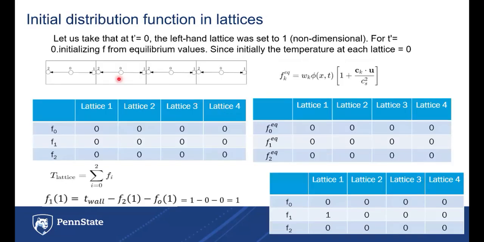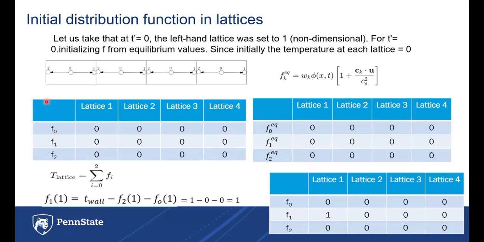And then we came to the initial distribution function in the lattice. Because initially the temperature in the domain is zero, and we only have the temperature at the left boundary, the F value and the equilibrium value for each lattice are all 0.